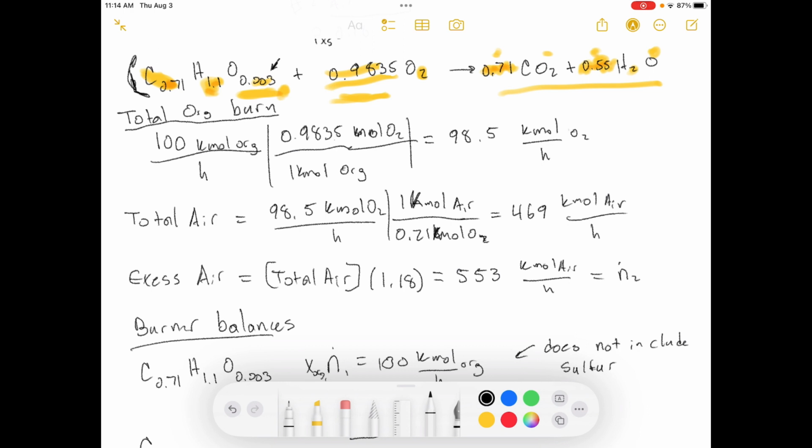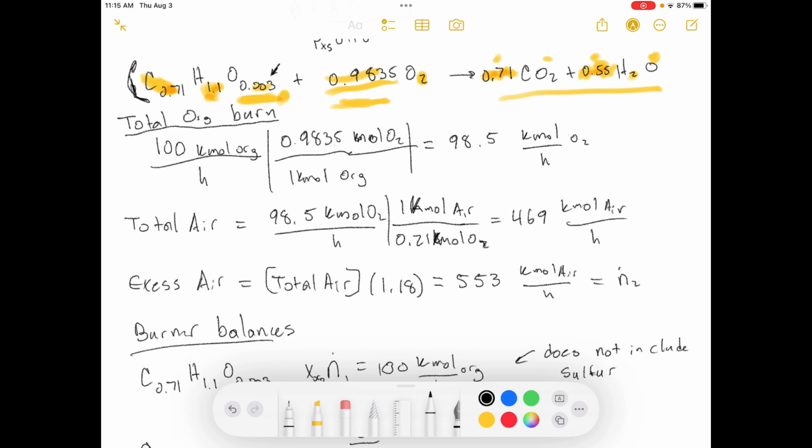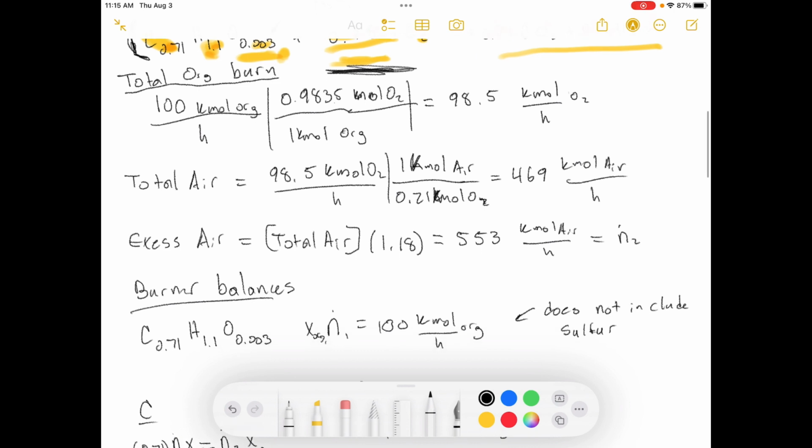So you have to make sure you add that in. It's a really small amount, but it makes a little bit of a difference in the end. So my numbers will be slightly off for this, but you just change this part to do that correctly, and then your numbers would be a little bit different from mine when we're talking about how much air is being pumped in. Anyway, let's move on from there.